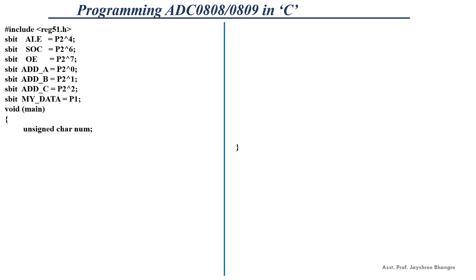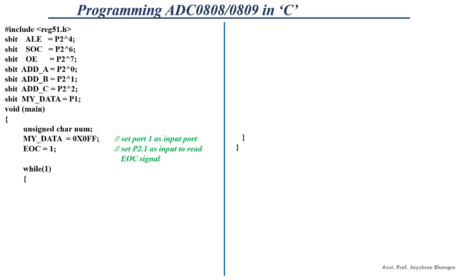To collect the data and save it into a variable, we have given here unsigned char num. Using the instruction mydata equal to 0xFF, we are configuring port 1 as an input port. For EOC, set this pin as an input to read the EOC signal. while(1): now we have to continuously select the channel.